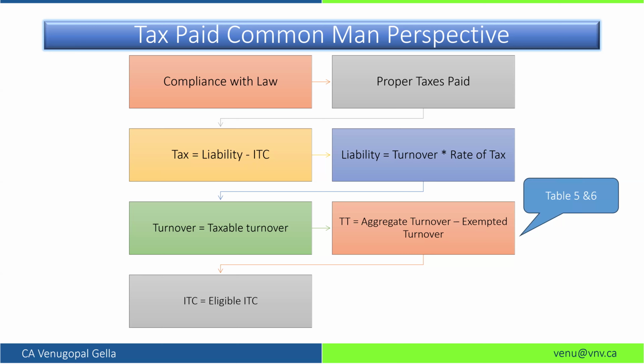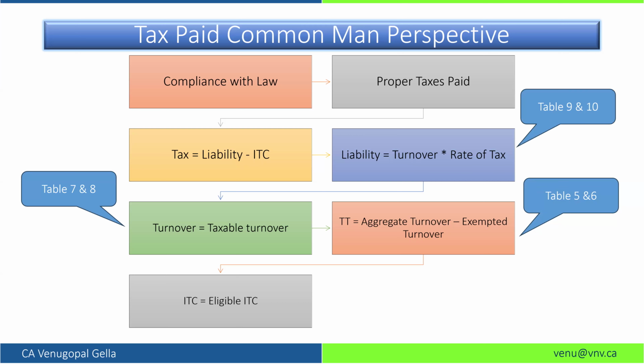Basically, the aggregate turnover is computed in table 5, and any differences we give in table 6. The taxable turnover is computed in table 7, differences are given in table 8. Liability is computed in table 9 and difference is given in table 10. And table 11 and table 16 talk about liability arising out of ITC.